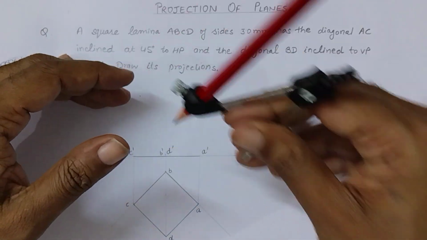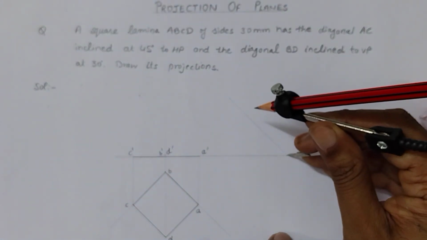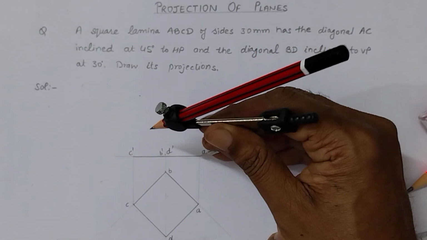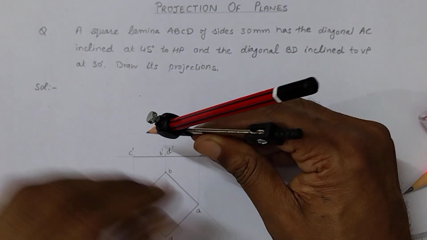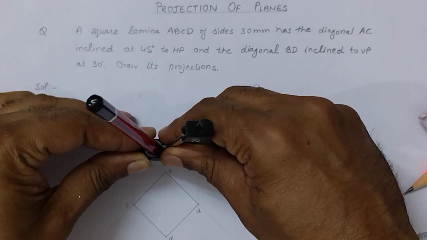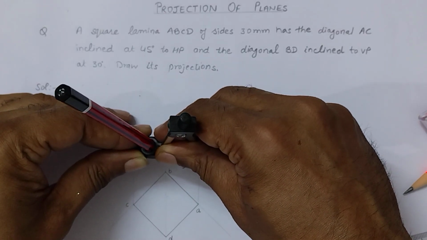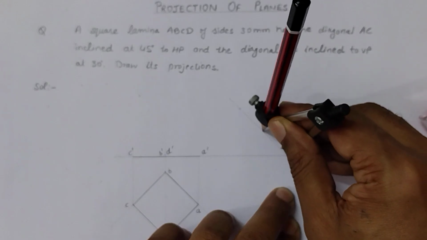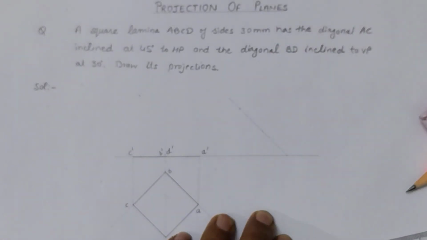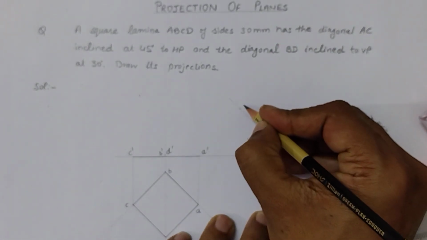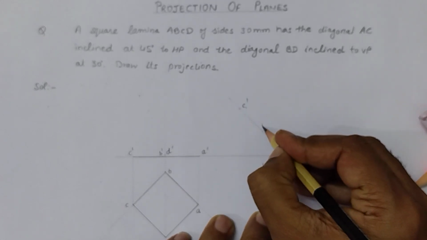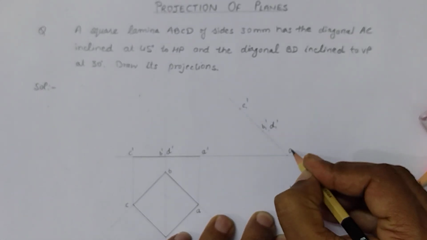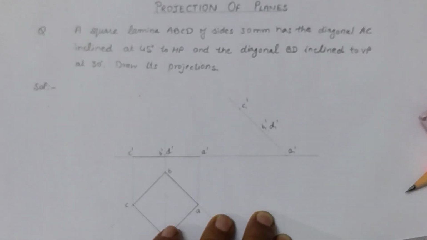So mark on this line and also mark projection for B dash D dash. So again name them. So here is C1 dash, B1 dash, D1 dash and A1 dash.